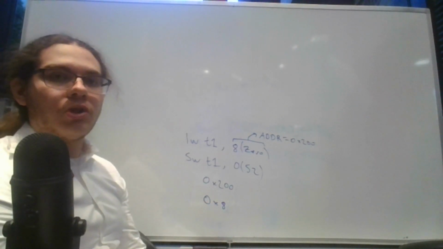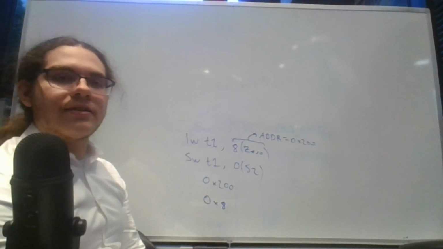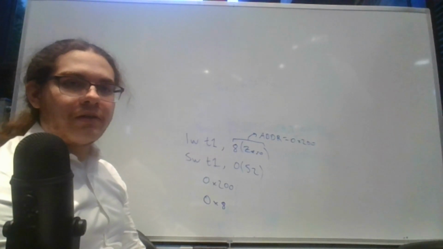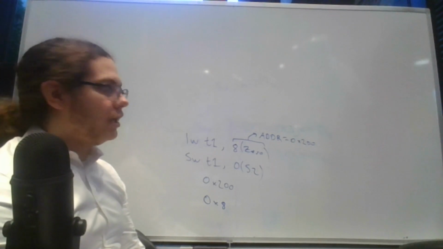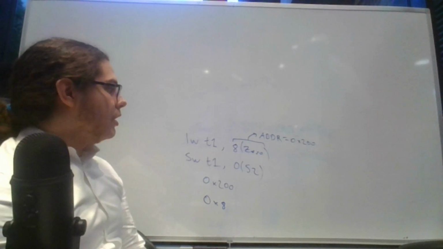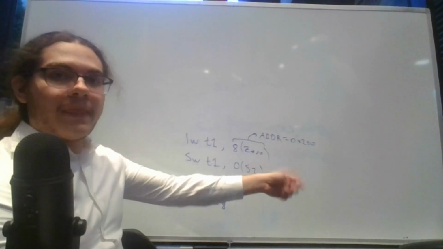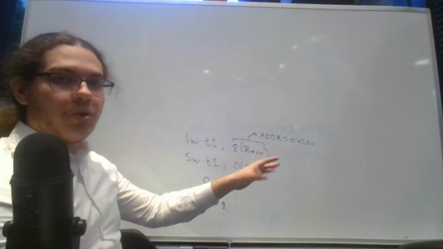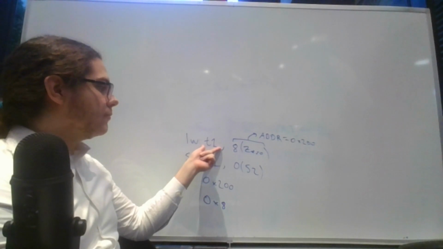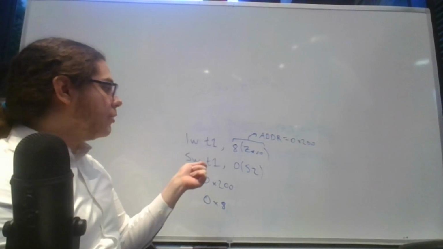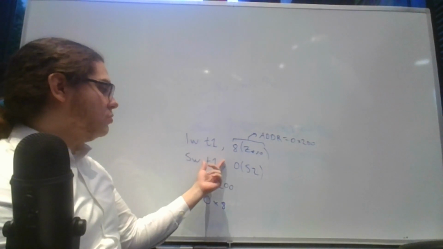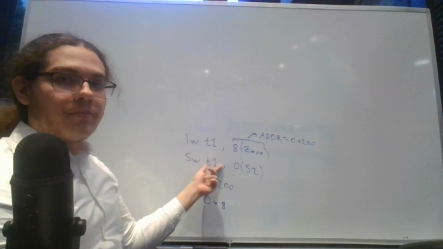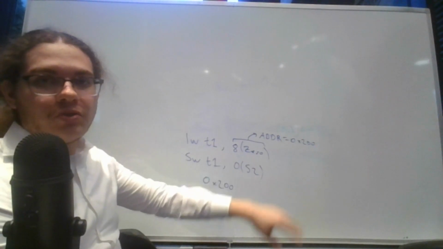And that's where you would go looking up in memory and say, okay, I'm going to go find address hex 8 in memory, and then I'm going to go run over to it and figure out what the data is stored at that location. And then from there, you're either going to take that data and move it into the register you have here. That's for load. You're loading from memory into this register. Or you're storing to memory, which is you take the value that's currently in t1, and then you deposit that into your memory.